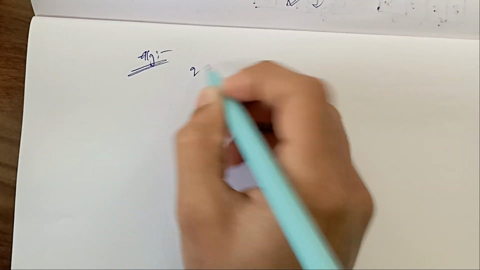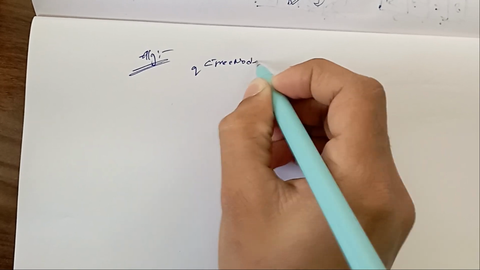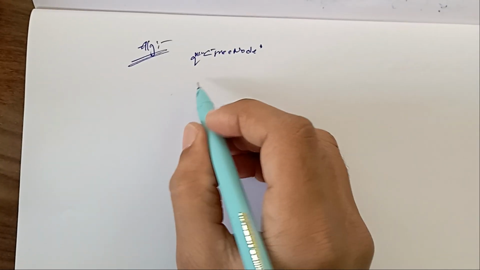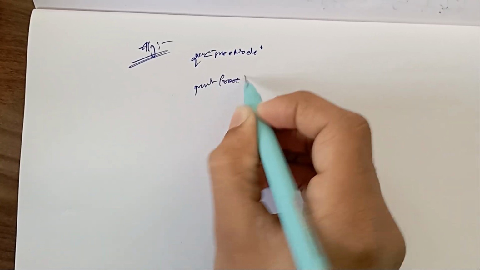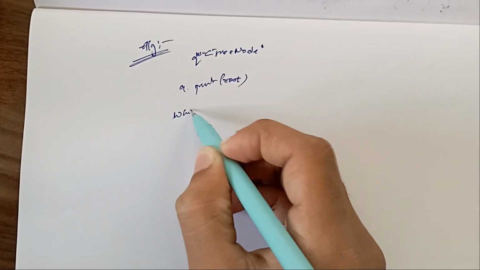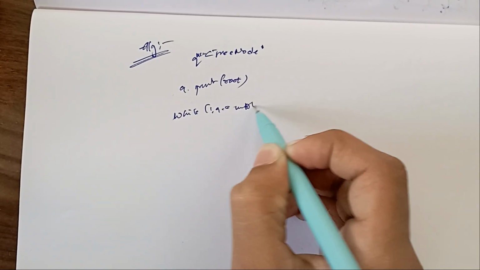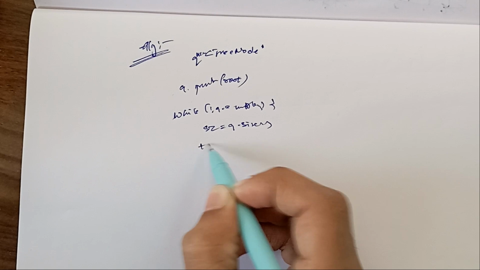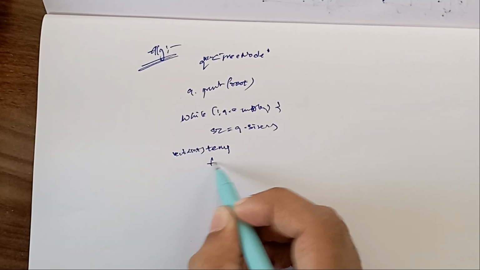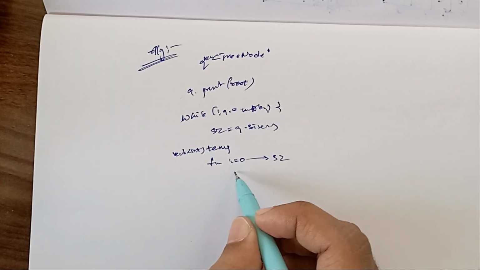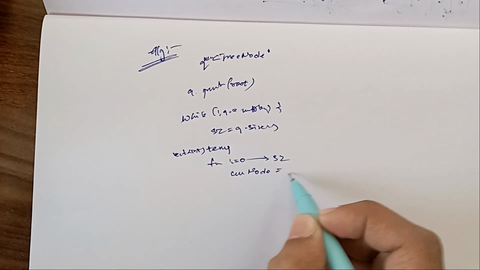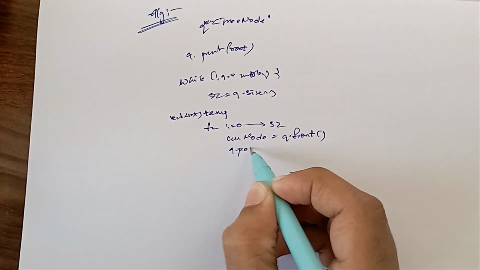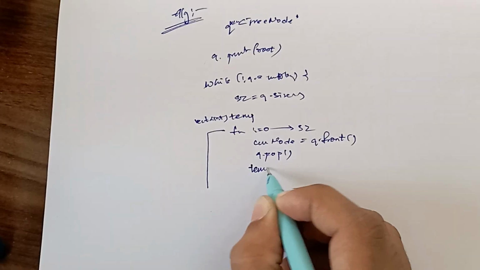So the algorithm is: queue of tree node. Create a queue, push the root node into our queue, and then while the queue is not empty, size is equal to queue dot size. Temporary vector. For i equal to 0 to size, current node is the front node of the queue, and remove that from the queue.